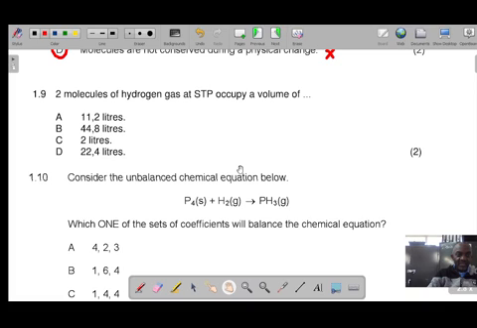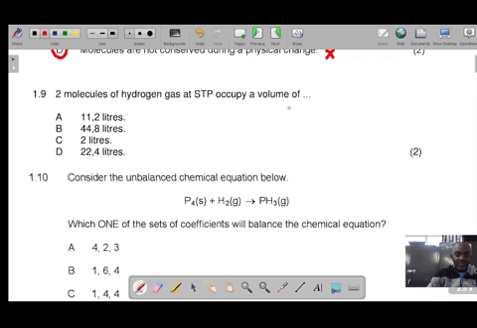They say that two molecules of hydrogen gas at STP occupy a volume of. Now all the gases at STP have the same molar volume. STP means standard temperature and pressure. They have the same molar volume, which is 22,4.